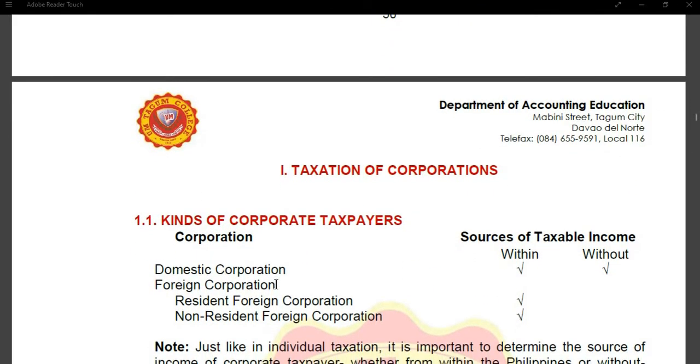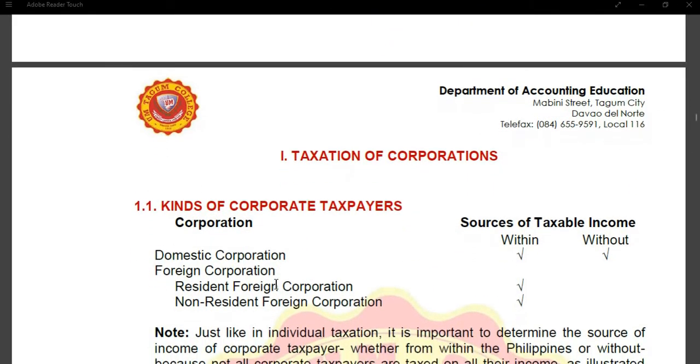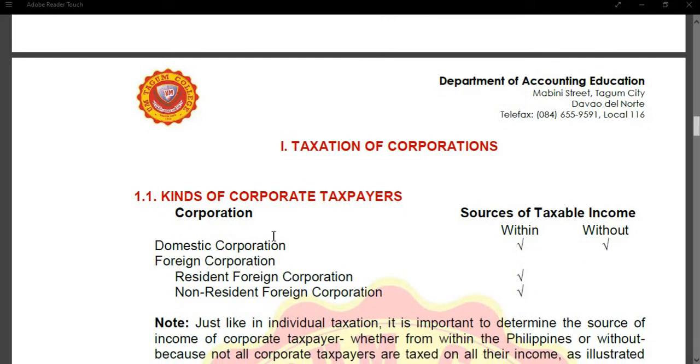So, kinds of corporate taxpayers. Again, you have to know what type of taxpayer a corporation is. As we have discussed, it could be a domestic corporation or a foreign corporation. Why is this important?